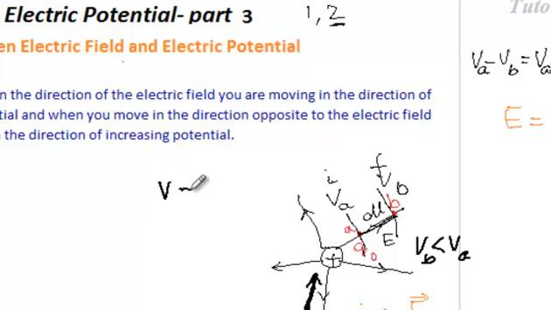If you recall, the electric potential due to a point charge is given by kq over r. So as you move away, the electric potential decreases, and when you're closer to the charge, the electric potential is higher.